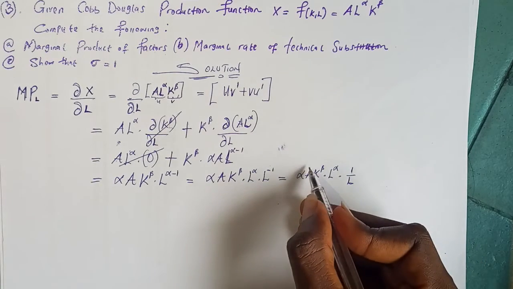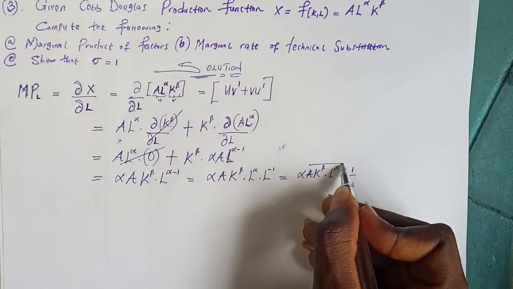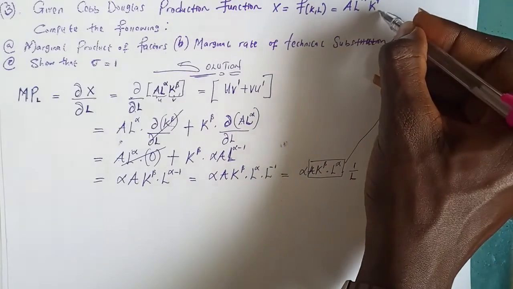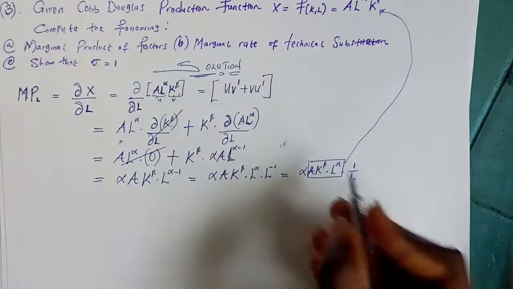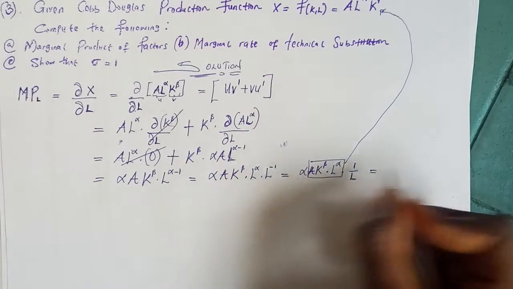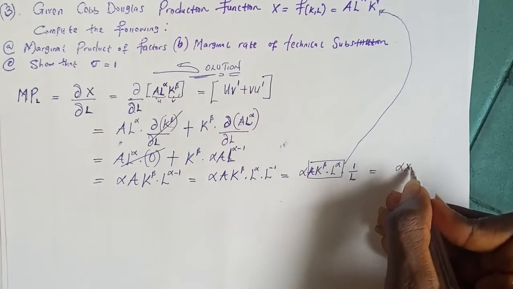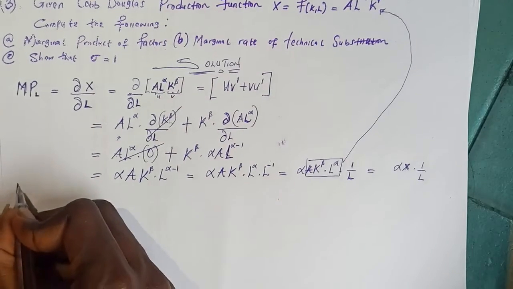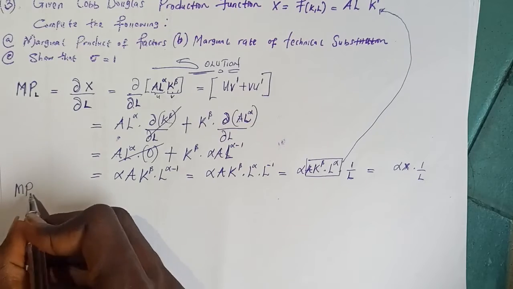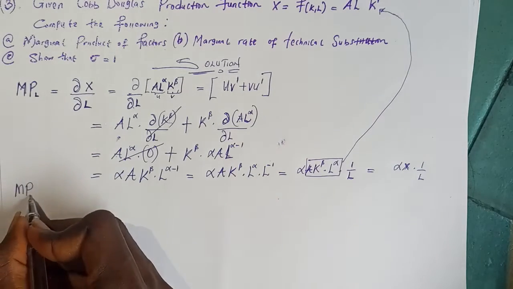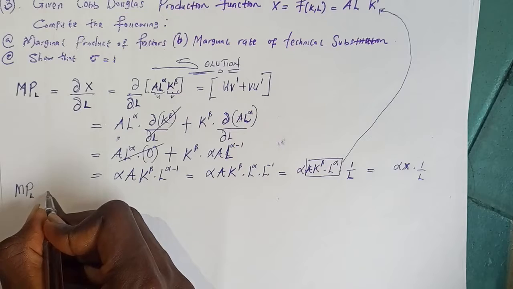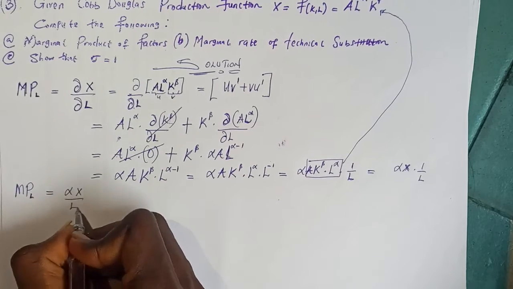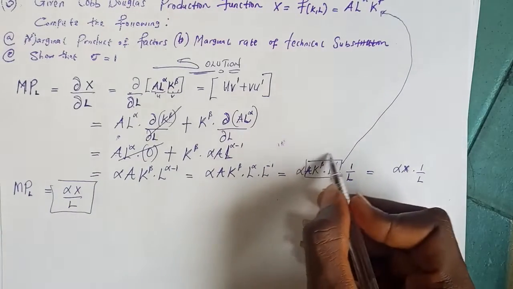Trivially, it is clearly seen that the whole of this expression represents the production function, which is x itself. So we can let this represent x. That is alpha x times 1 over L. Hence, we have the marginal product of labor, and that is alpha x over L. Please take note of that. So we have just two different formulas.